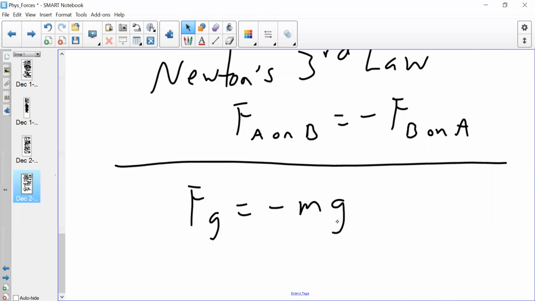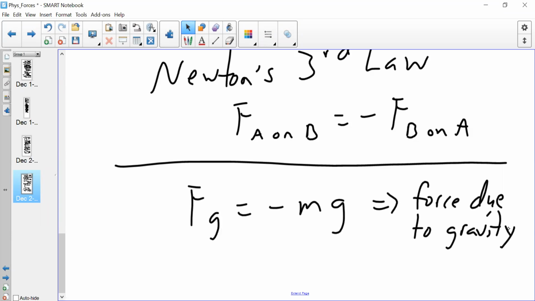negative mg, because here this will be the force due to gravity. And that's technically how you should say it, because you don't want to say gravitational force, because some big wigs in physics would get a little snippy about that. What is gravity in order for it to be a force?